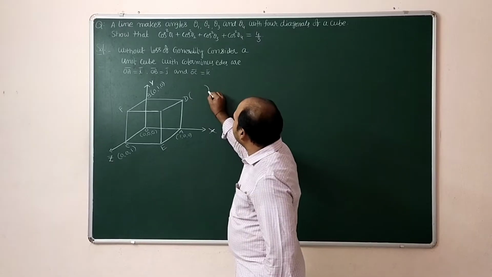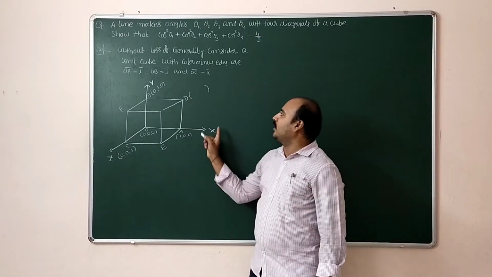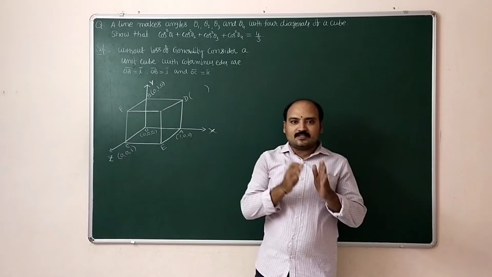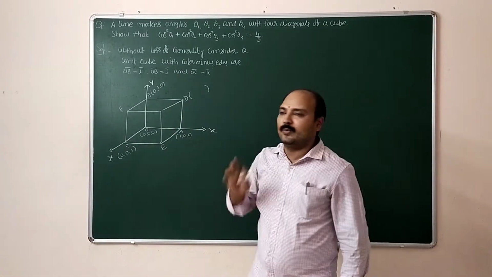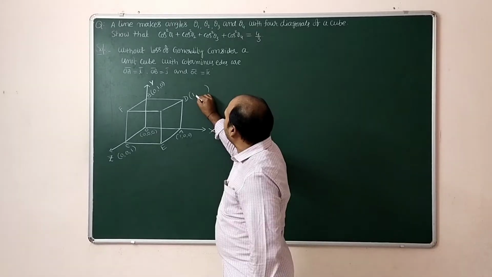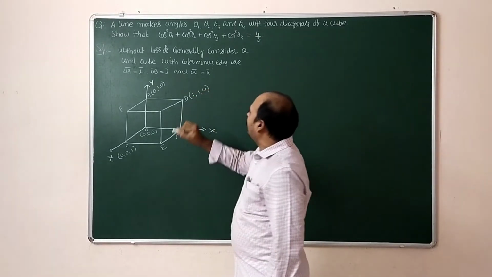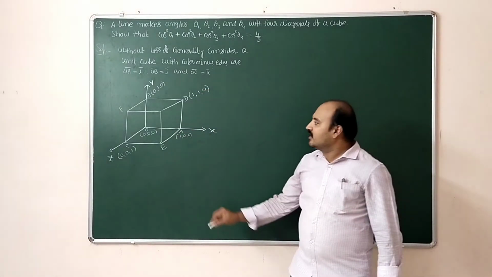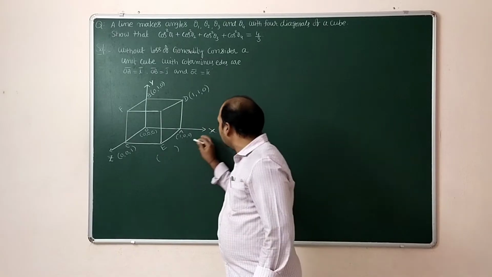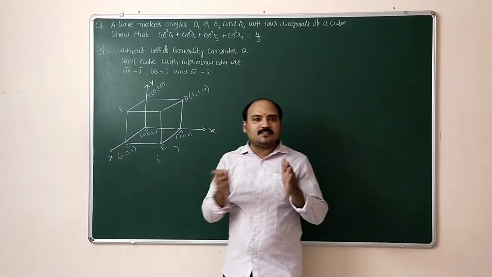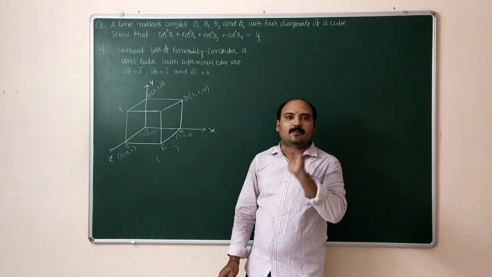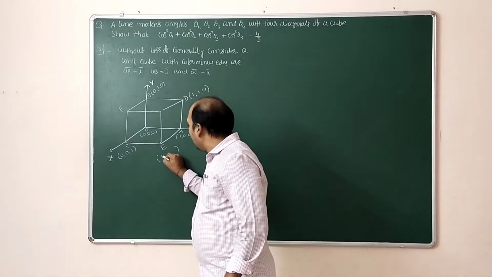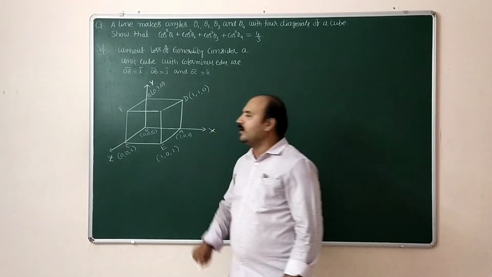Observe that the point D belongs to the XY plane. XY plane means the z coordinate will be 0. The x coordinate and y coordinate of 1 unit we have taken already, so D is 1, 1, 0. The point E belongs to the xz plane, meaning x and z coordinates will be there and y will be absent, so 1, 0, 1.